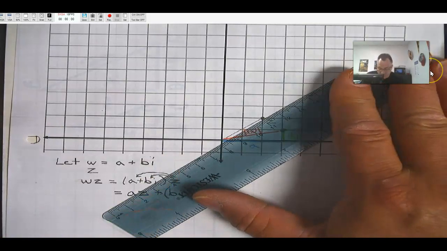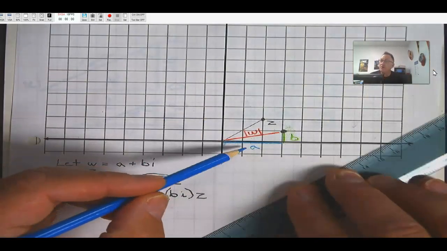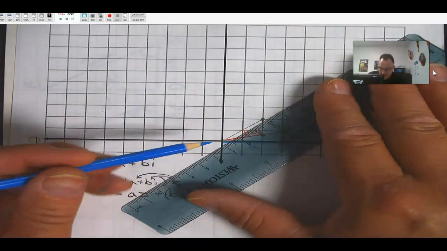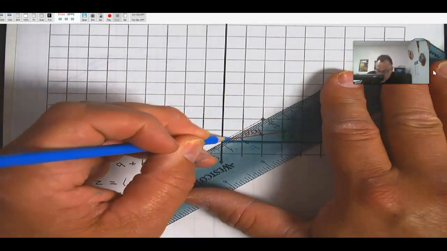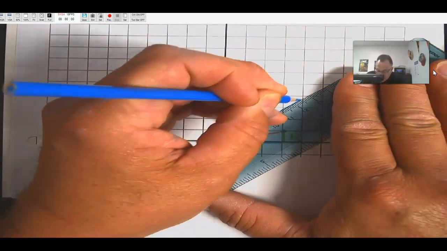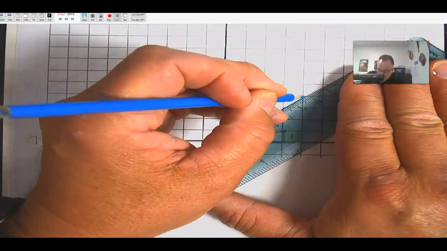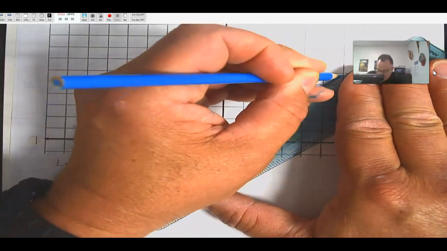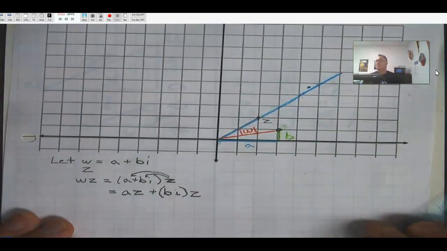And I'm going to use the same color that I used on A. So this is 1Z, another Z, 3Z.